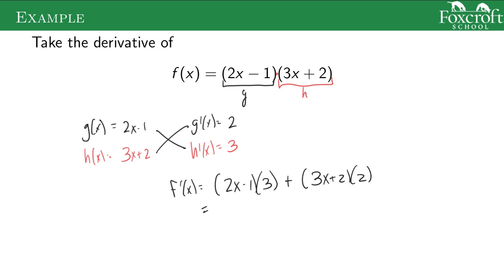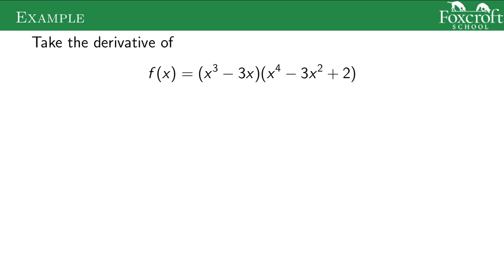Here I can simplify a bit, distribute the 3, distribute the 2, and you get 12x plus 1. So that's my derivative. If you wanted to double check this, you could just FOIL this out and take the derivative using the power rule. Again, I want to practice the product rule, so that's what we're going to do in this video.